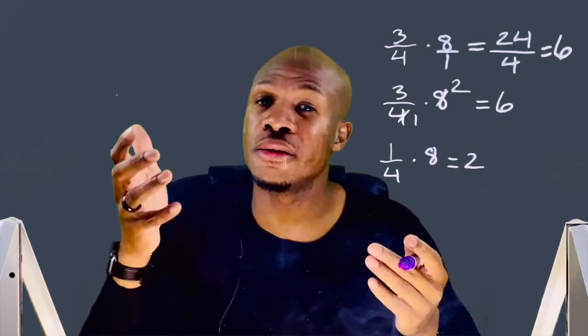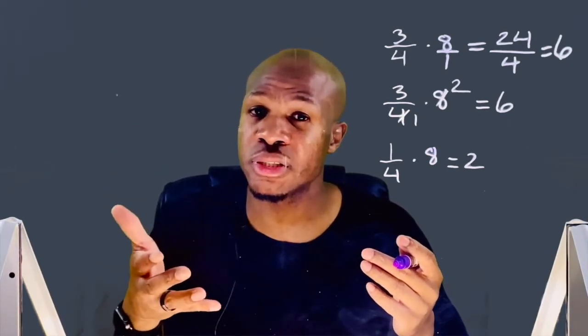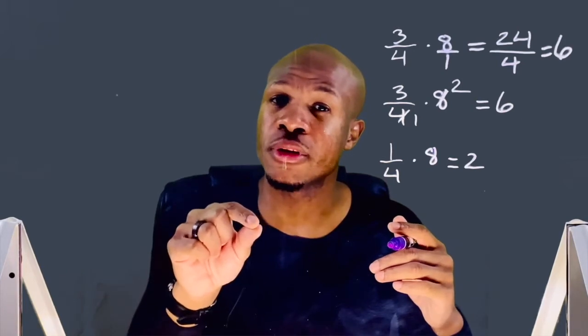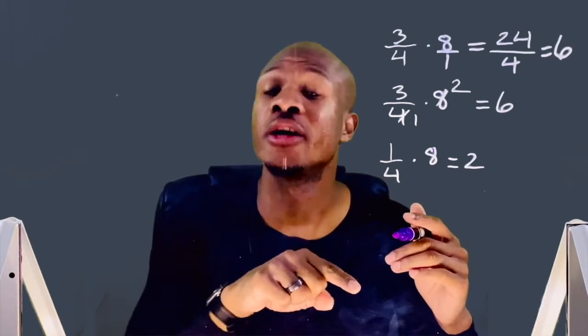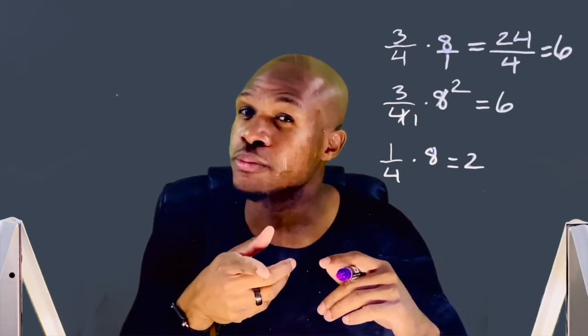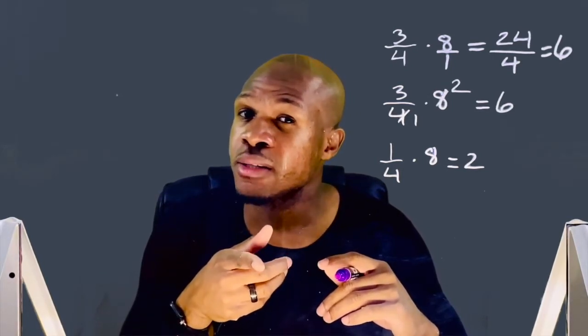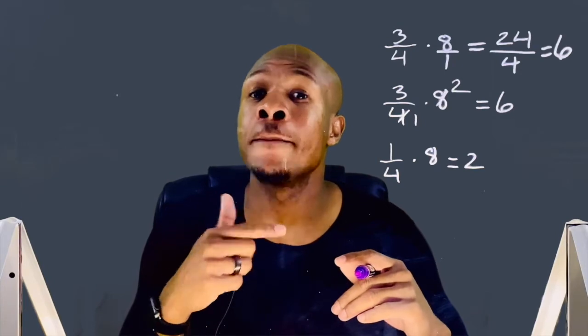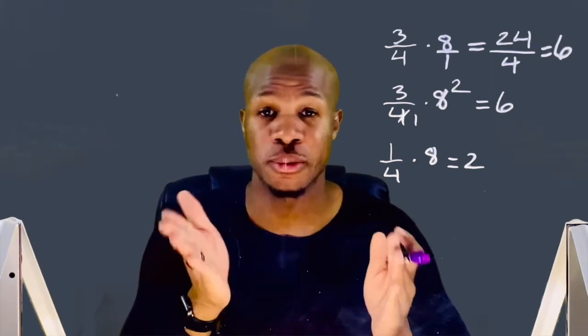Well, remember, division and multiplication are opposites. When you multiply by 1/4, you ended up dividing by 4. So if you're going to divide by 1/4, what are you going to do? What's the opposite of dividing? Multiplying. So you're going to end up multiplying by 4. All right?